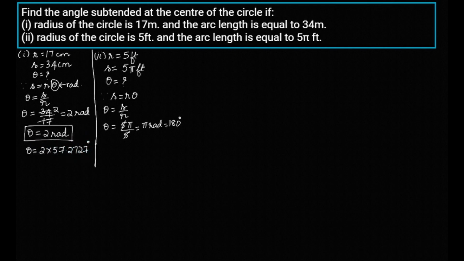So when we multiply it by 2, we get the value of theta in degrees, which is equal to 114.5454 degrees. In the second question, theta is equal to pi radians, which is equal to 180 degrees. Hope you got your answers correct.